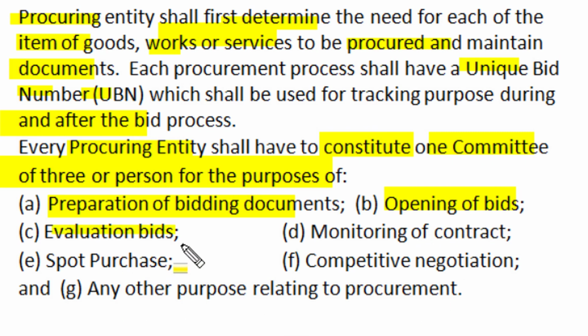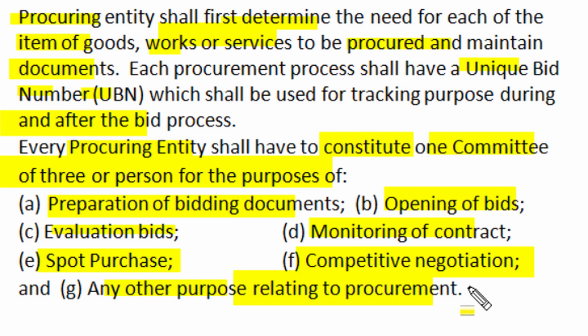The evaluation of those bids is also done by the purchase committee. The purchase committee also monitors the contract between the procuring entity and the contractor who supplies goods and services. The purchase committee can also make spot purchases if required. They can also work for competitive negotiation among different bidders, and any other purpose that is related to the procurement process is also done by the purchase committee only.